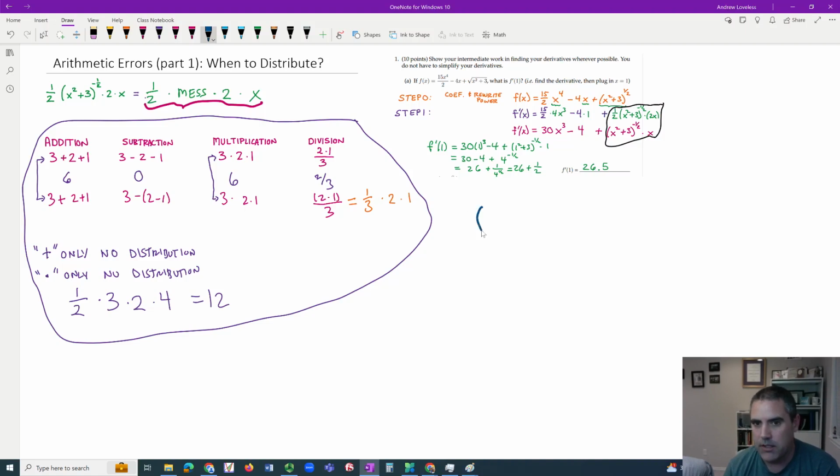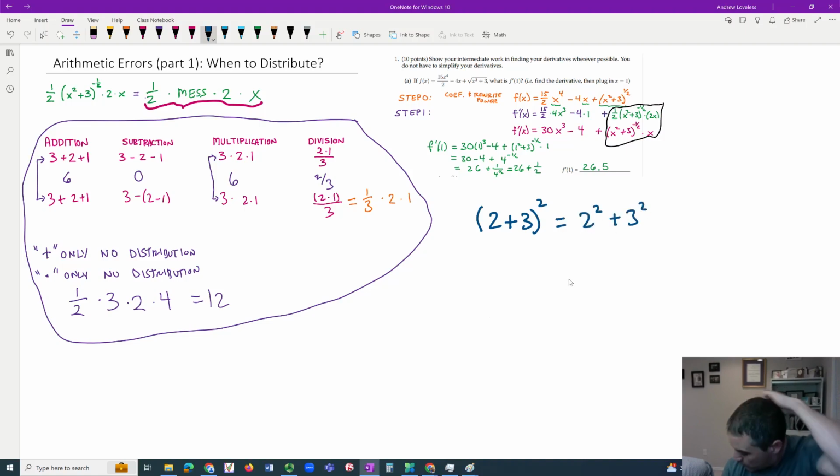Today, somebody was asking me a question on my discussion board. They were doing this, except it had variables, and they said that this was 2 squared plus 3 squared. That's part of what's called the sophomore's dream. There's certain things that we encounter a lot. Here's another example of the sophomore's dream.